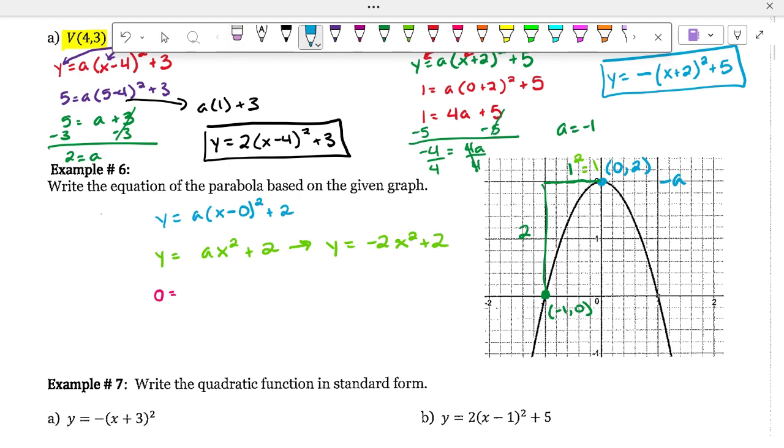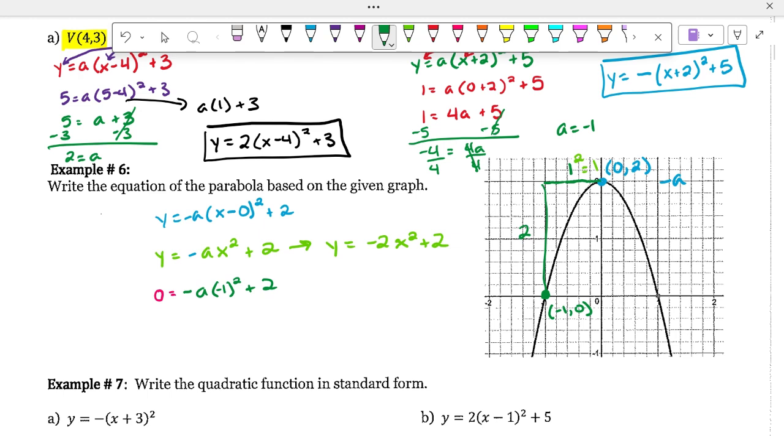So there's 2 different ways that you can do this. You can keep the negative and just know that when you put it back in, the a still needs to remain negative. Or you can leave it without the negative, knowing that it has to be negative, and when you solve for a, it should give you a negative answer. Okay? So if I do that, I have negative a times -1 squared plus 2.